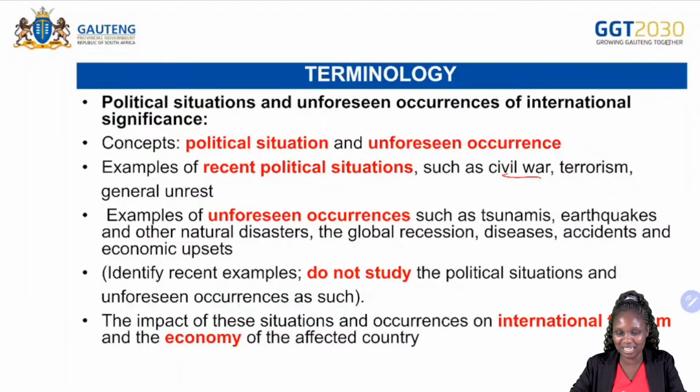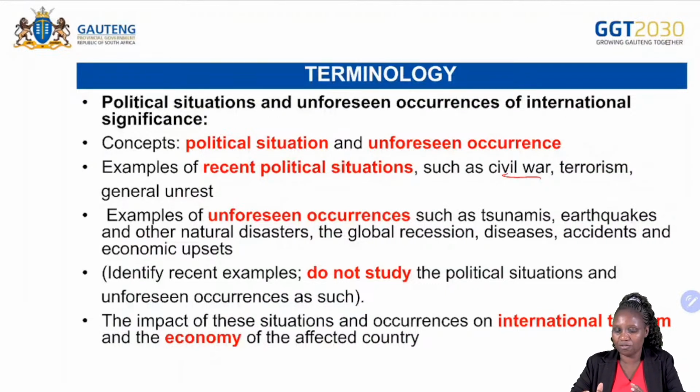Then let's look at terrorism. This is an act of terror brought in by someone. For example, suicide bombers are terrorists. They are killing civilians for no apparent reason, maybe because someone is not happy about something.